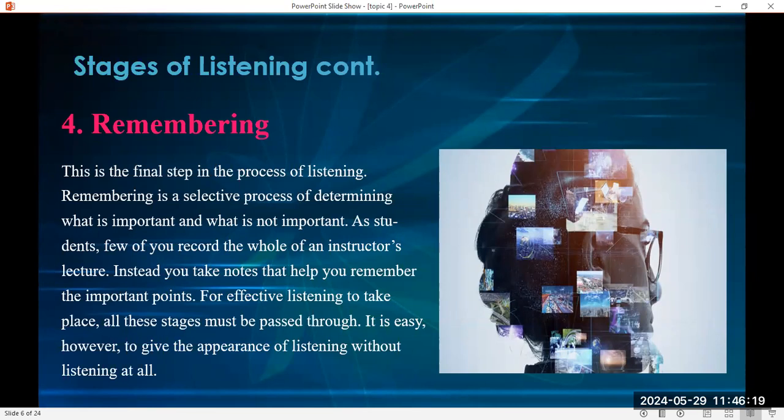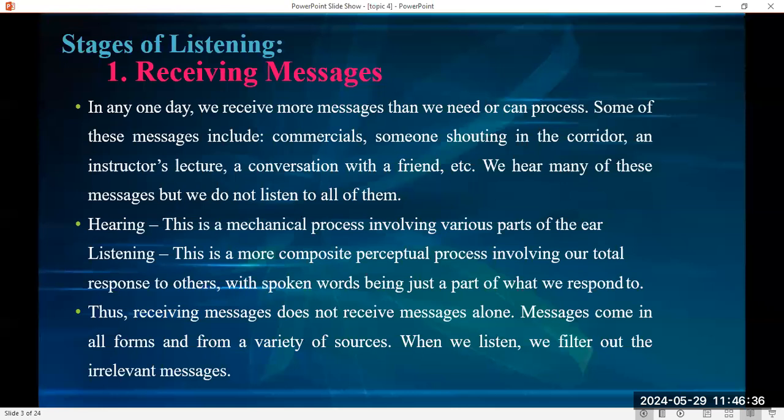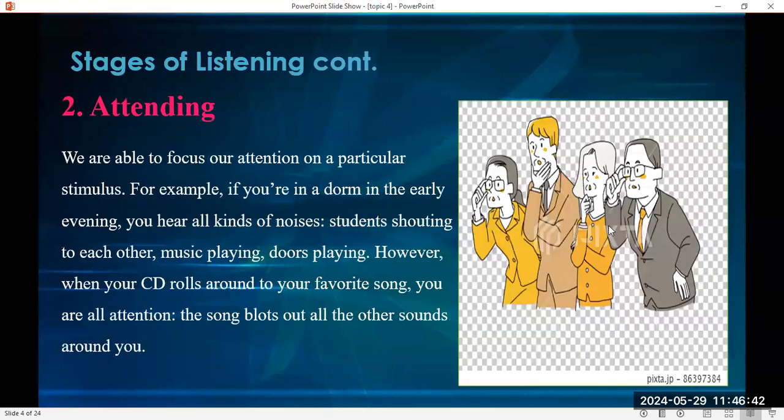So for effective listening to take place, all these stages we have talked about, let me go back. Stage number 1, we have talked about receiving the message. Stage number 2, we have talked about attending to the message. Like from the picture above, you can see they are attending to the message.